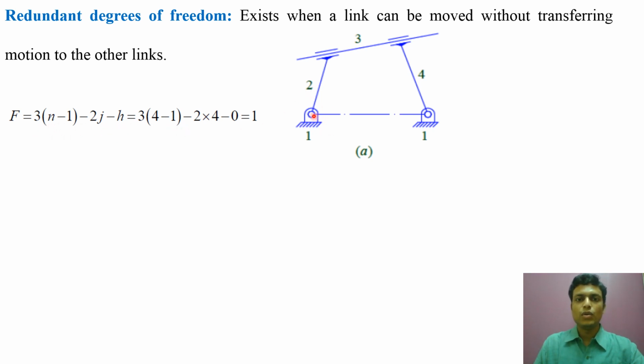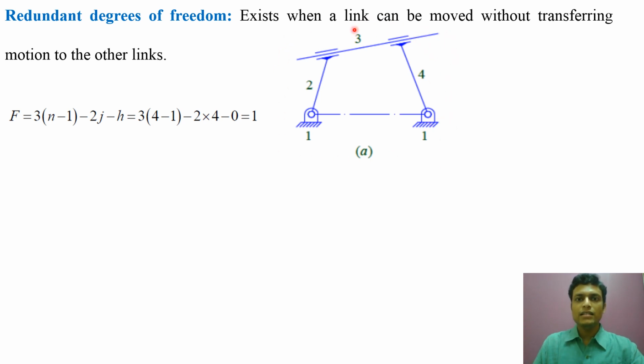How many lower pairs are there? 2 revolute pairs and 2 prismatic pairs. So 4 lower pairs, so 2 into 4, and there is no higher pair, so h becomes 0. So 3 into 4 minus 1 is 9, minus 8 becomes 1. So the degrees of freedom by the equation becomes 1.